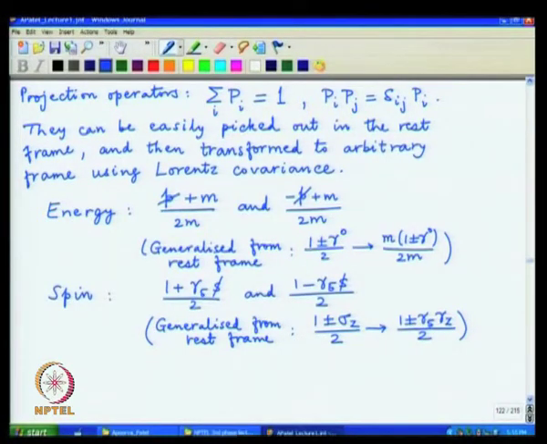The spin remains orthogonal to the momentum vector, S mu P mu equal to 0, and also space like, S mu S mu equal to minus 1. That essentially now gives a complete prescription of taking any arbitrary component in any frame and working out what the various parts are, which degree of freedom has which sign of energy, which degree of freedom has which sign of spin.